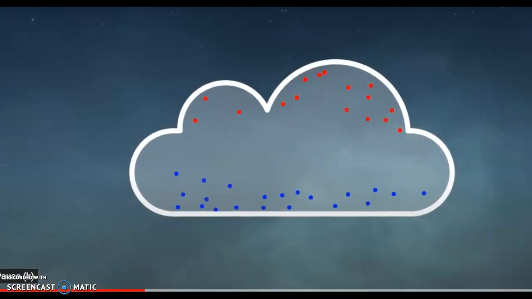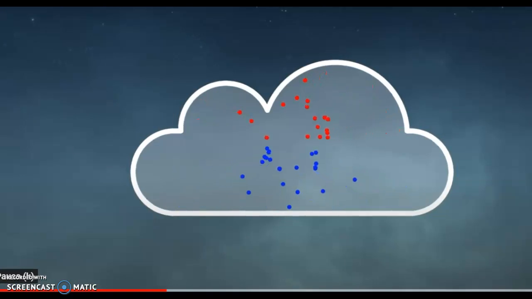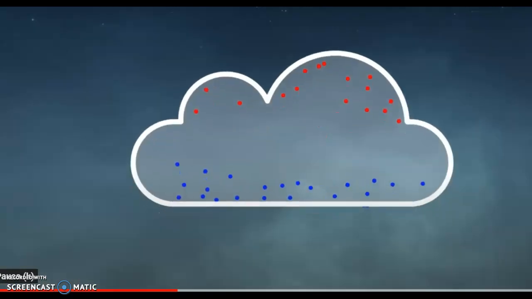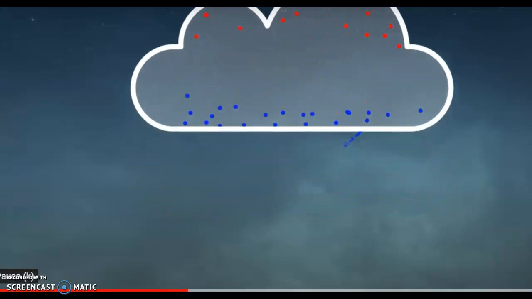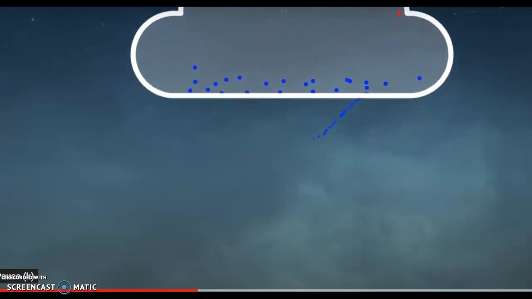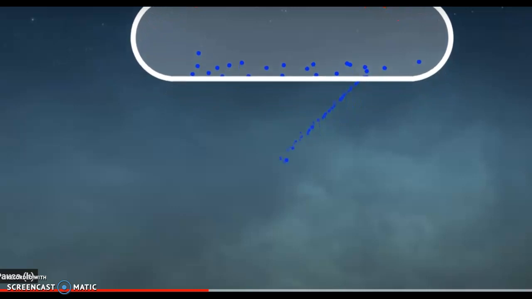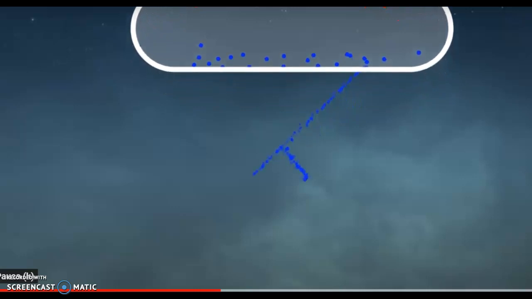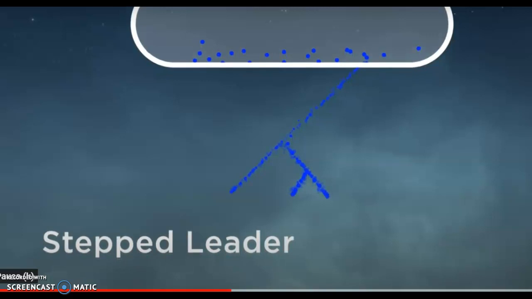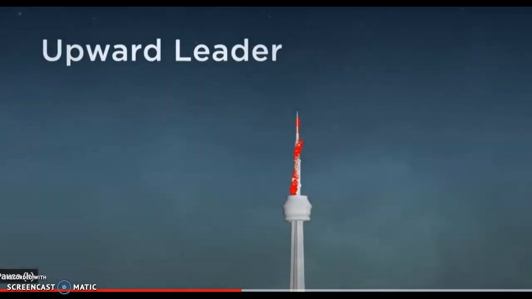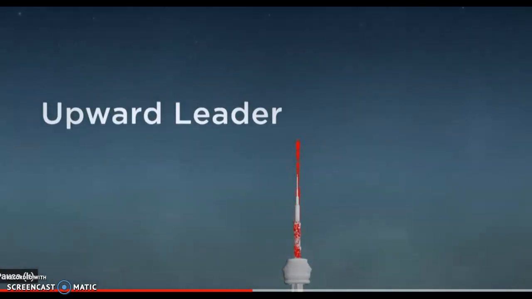Most lightning occurs within the cloud itself, but we're concerned about the lightning between clouds and the ground. Lightning starts with negative charges moving from the clouds towards the ground. Scientists call it a stepped leader.